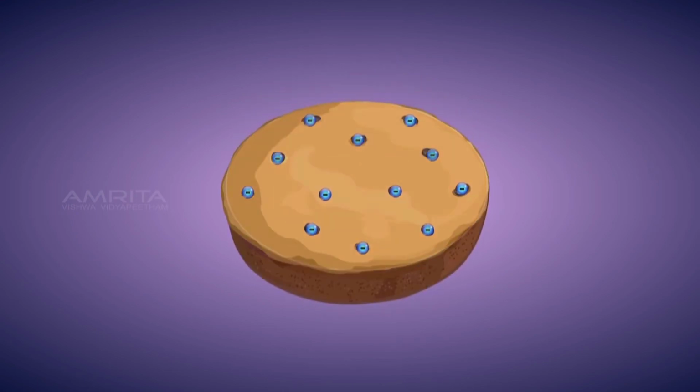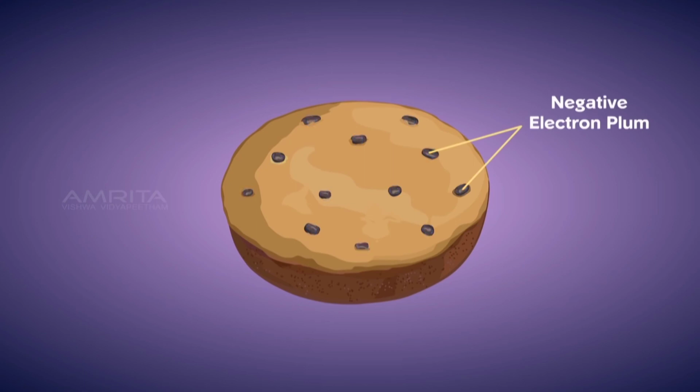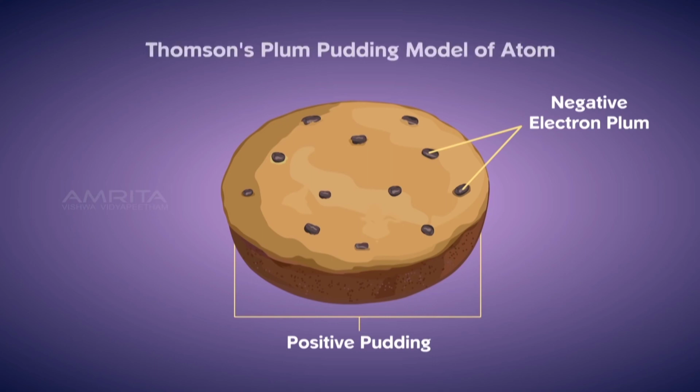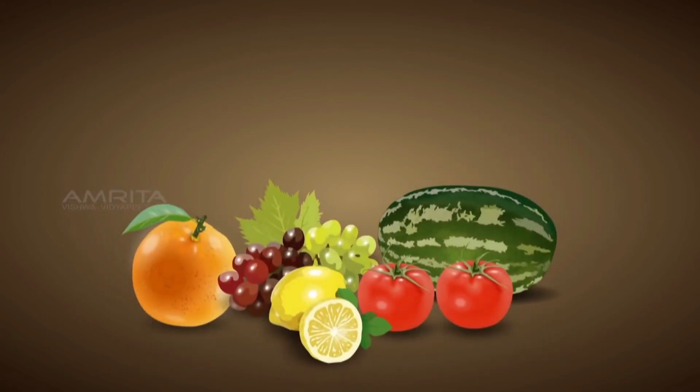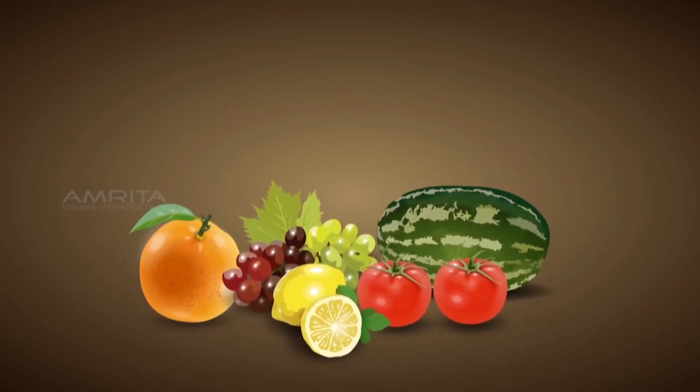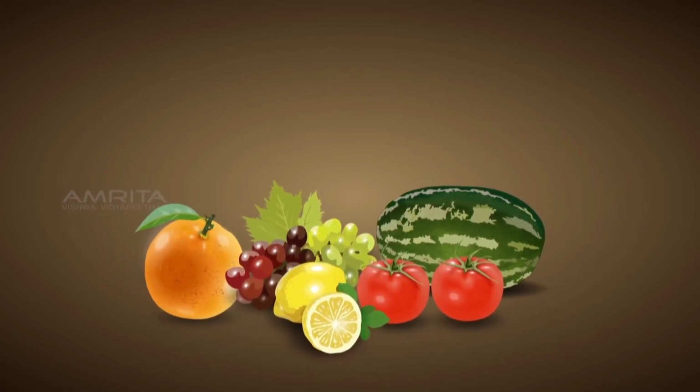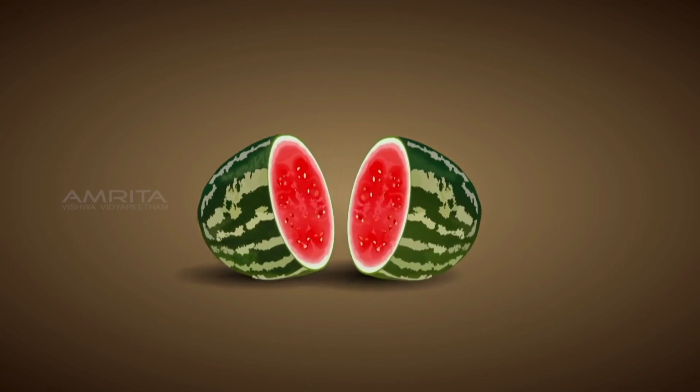The model of an atom proposed by Thomson is similar to a Christmas pudding. In this model, electrons are arranged in a sphere of positive charge like plums in the spherical Christmas pudding. So it is called the plum pudding model of an atom. Do you know of any fruit that we can compare Thomson's atom model to? Well, it can be compared to a watermelon.